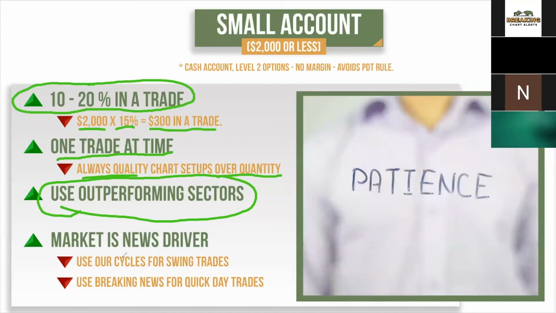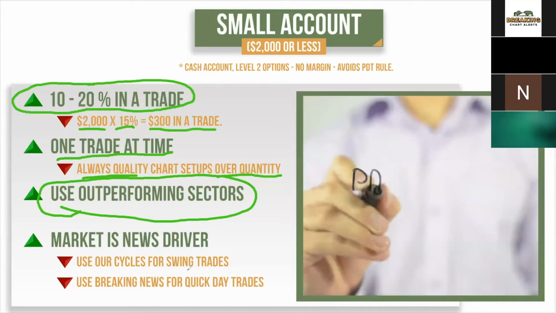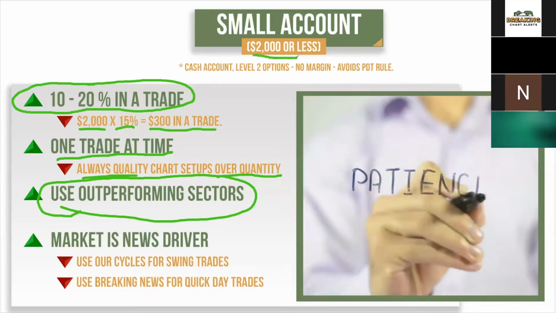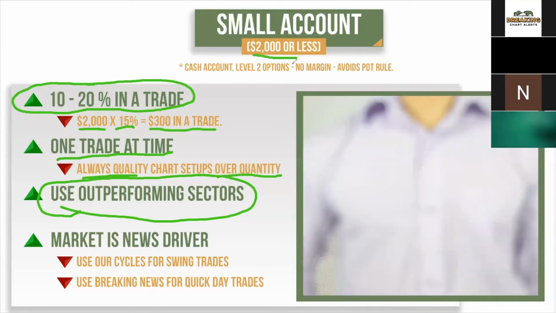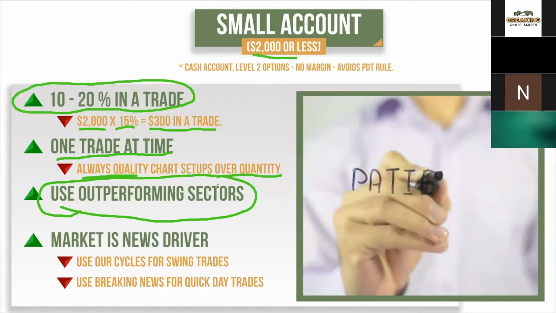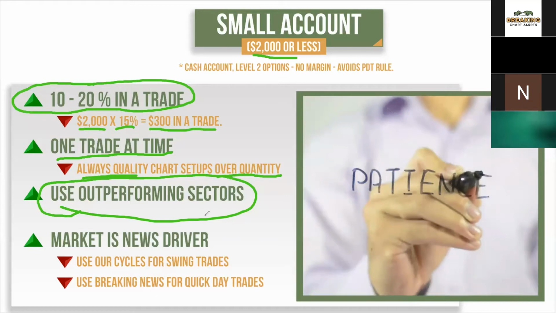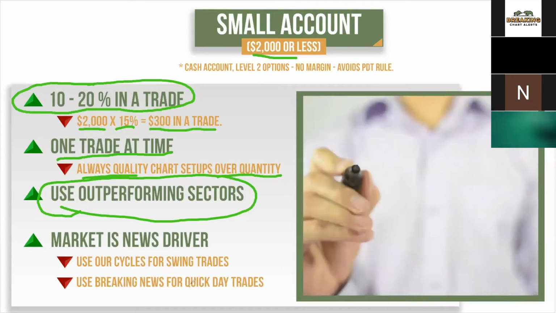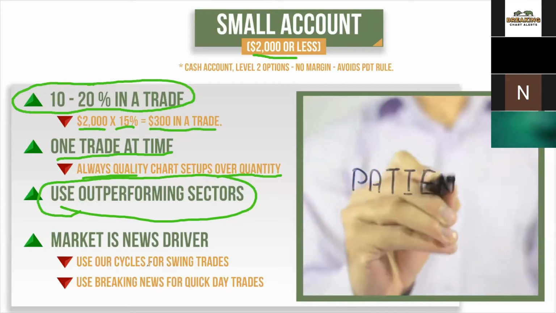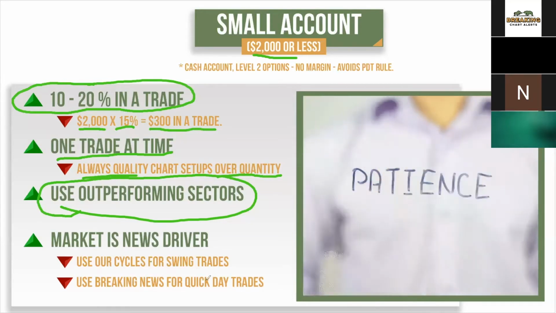Use our cycles for swing trades and use the breaking news for quick day trades. When you have a $2,000 account, you don't have the luxury or the opportunity to make 5 trades and trade all over the place. If you want to grow that account, you've got to focus on swing trades for the new cycles and breaking news for the day trades.